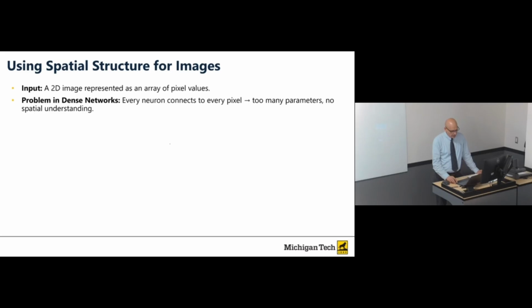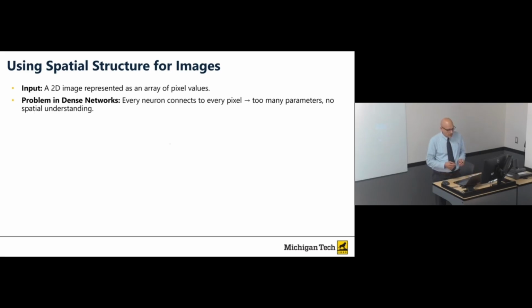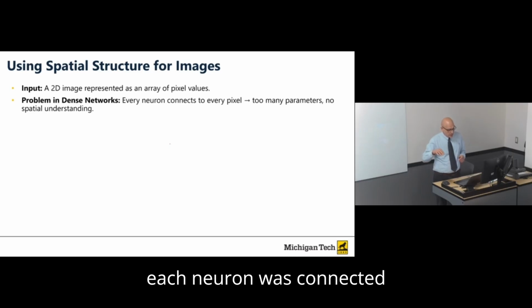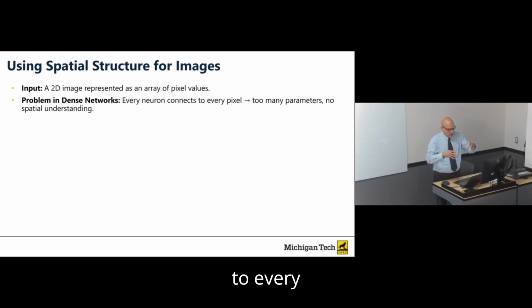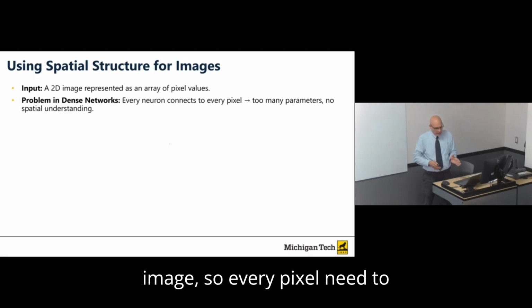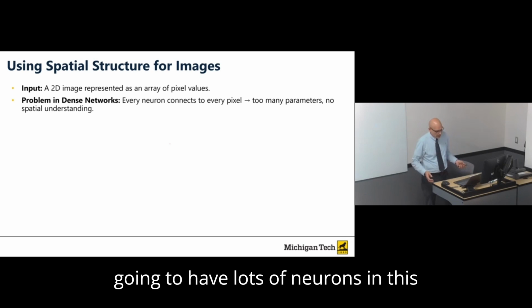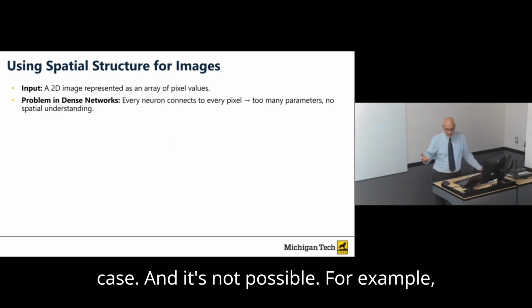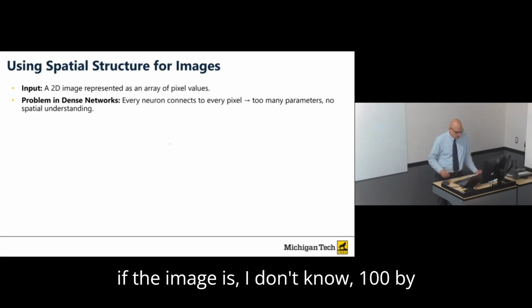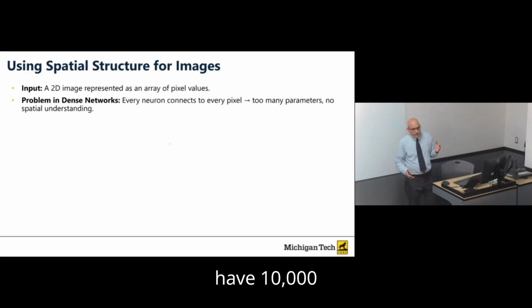So the problem in the dense neural network was that each neuron was connected to every other neuron. If the input is an image, every pixel needs to be connected to a neuron, and you're going to have lots of neurons. For example, if the image is 100 by 100, you're going to have 10,000 neurons.